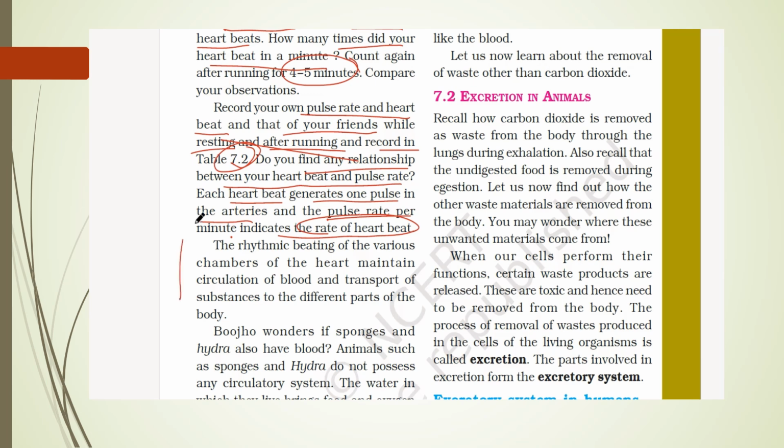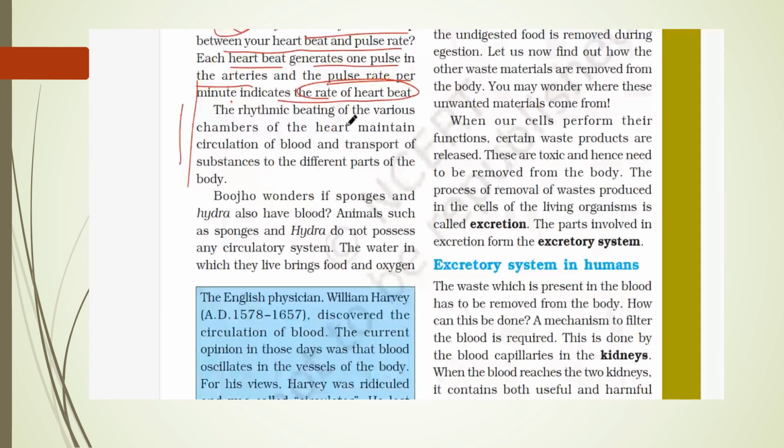Okay, so what is happening here? The rhythmic beating of various chambers of the heart maintains the circulation of blood and transport of substances to different parts of the body. I told you while discussing the structure of the heart how the blood moves from the right atrium to the right ventricle, from the left atrium to the left ventricle, and from there through the aorta and the pulmonary artery.